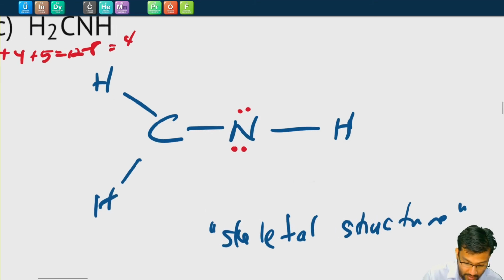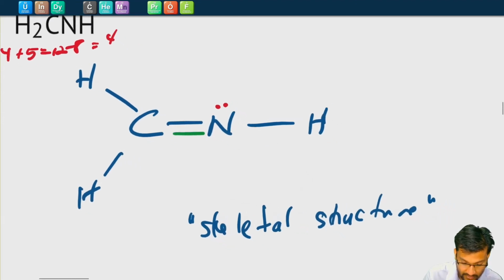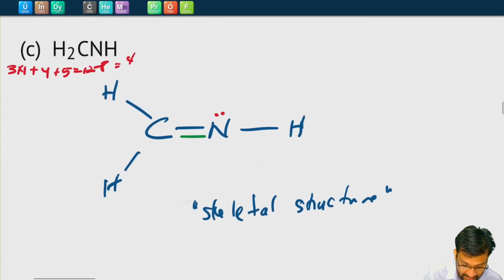Okay. Let's look at our octets. All the hydrogens are fine, they're terminal, we don't need more electrons on them. This carbon though has 6 electrons, 1, 2, 3 bonds, 6 electrons, so let's share these two, like that. Nitrogen looks happy, it has 3 bonds and 2 from the lone pair, so it's happy. So, how many sigma and pi bonds?